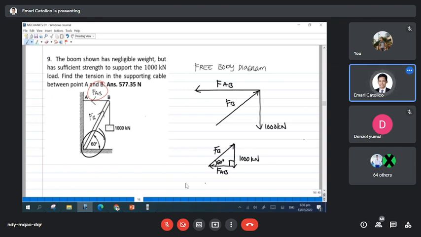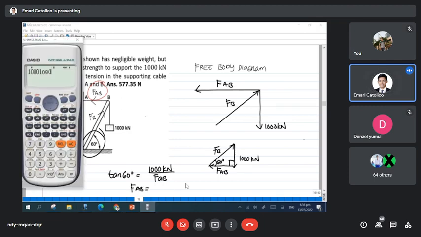So tangent of 60 is equals to, opposite natin is 1,000 kilonewton at adjacent natin is force AB. Force AB is equals to 1,000 over tangent 60. So yun. 577.35.